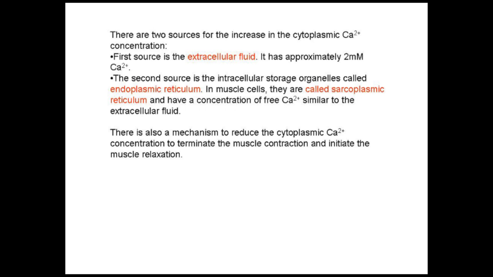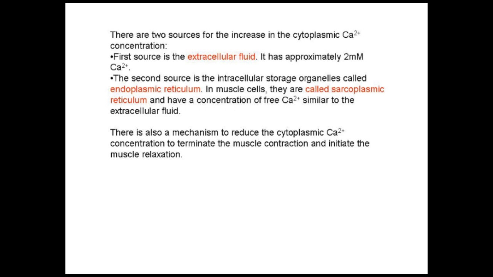There are two sources that calcium comes from to increase the intracellular concentration. One is the extracellular fluid, which contains about 2 millimolar calcium. This is the concentration of calcium in plasma also. And the second source is the intracellular organelles called endoplasmic reticulums. They are actually called sarcoplasmic reticulum in the muscle cells, and they store calcium.